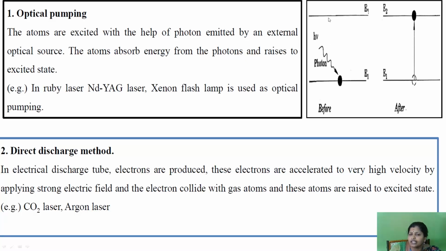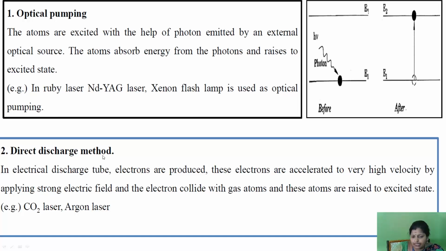Atoms do not automatically go to the excited state; we have to supply some external energy. This material absorbs the photon energy and goes to the excited state energy level. For example, in ruby laser and Nd:YAG laser devices, a xenon flash lamp is used as the optical pumping method.